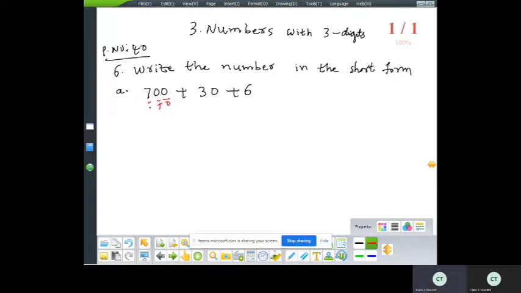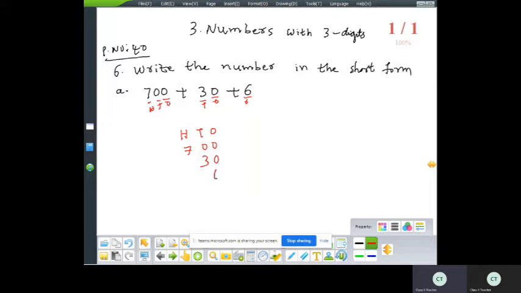Here 1, 10, only 1. 0, 0, 7, 700. 30, 0, 3.